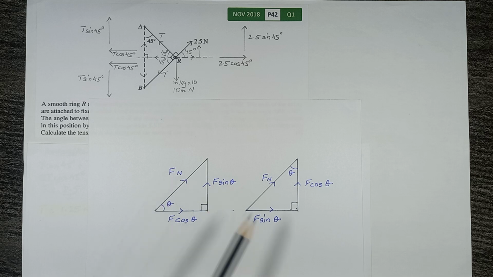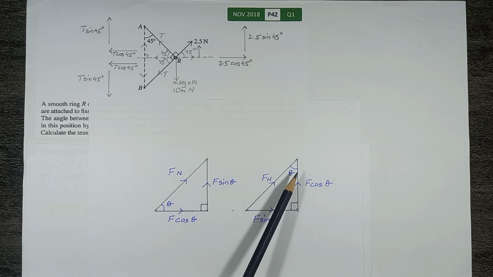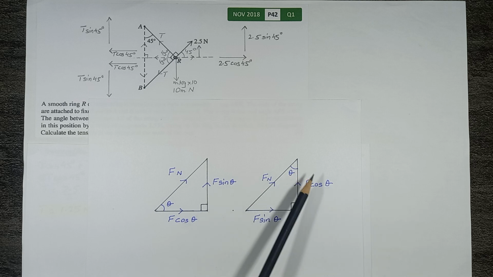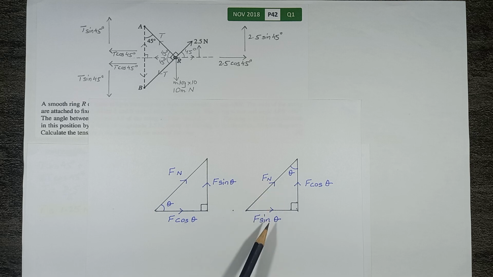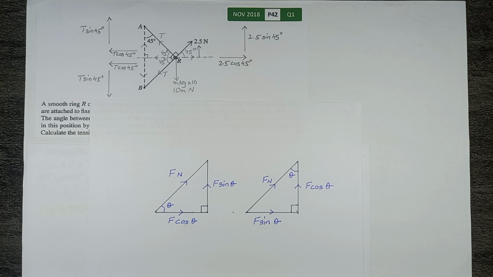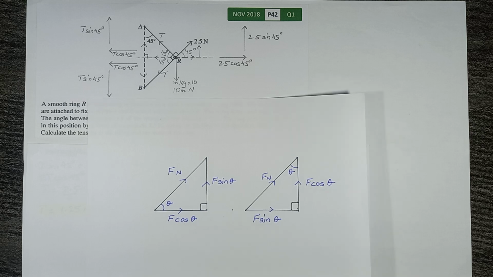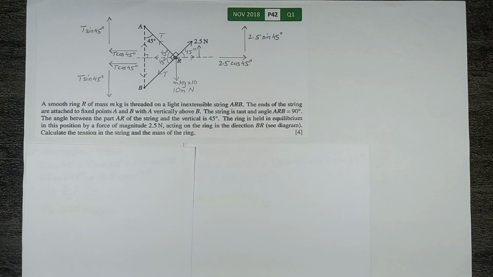And if the angle is with the vertical, then the side next to it would be the cos component of that force, and the opposite would be the sine component. That means the horizontal is not always a cos component. It depends upon where the angle is.